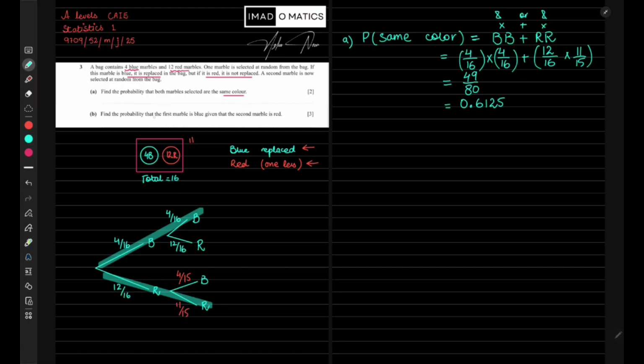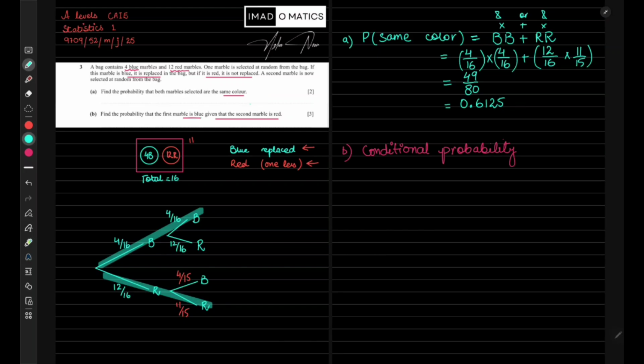Now part B says: find the probability that the first marble is blue given that the second marble is red. As you can see, this is a conditional probability question. In conditional probability, you have to decide what is your event A and what is given.